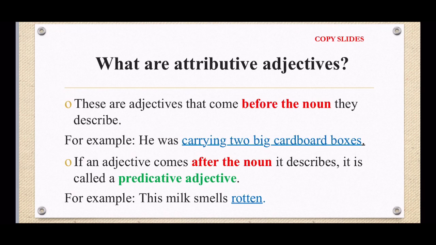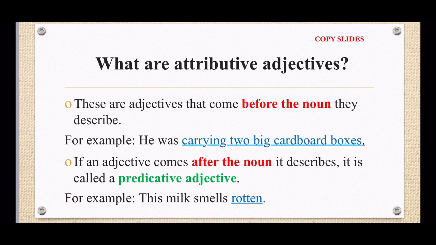If we look at the example, it says he was carrying 2 big cardboard boxes. I've underlined the attributive adjectives. We know that our noun in the sentence is cardboard boxes, because that is things. And what we are using to describe this noun is big, right?